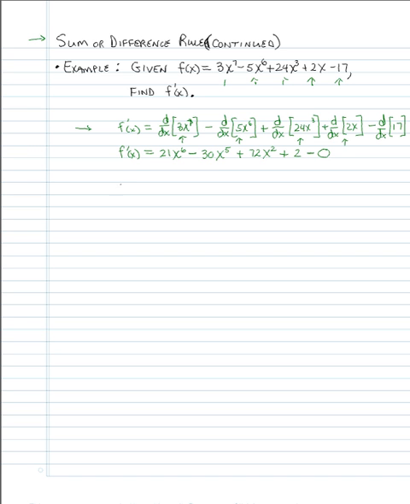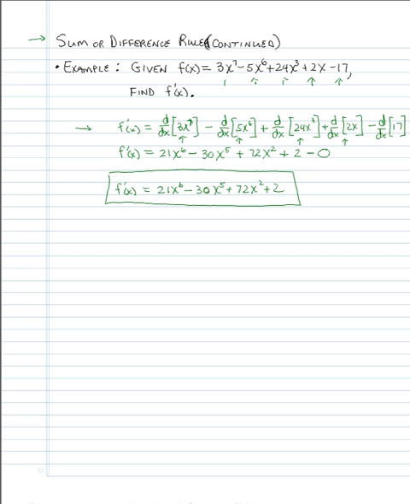So the final result, we could get rid of that 0, would be 21 x to the 6th minus 30 x to the 5th plus 72 x to the 2nd plus 2. And that was pretty easy after all, as long as we didn't have to use the limit notation.